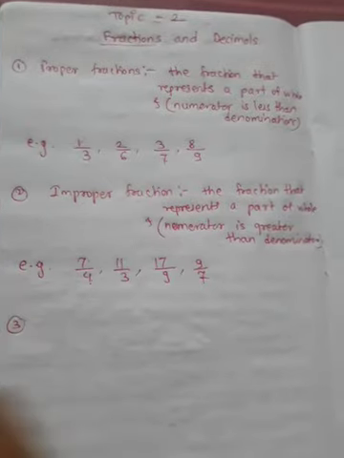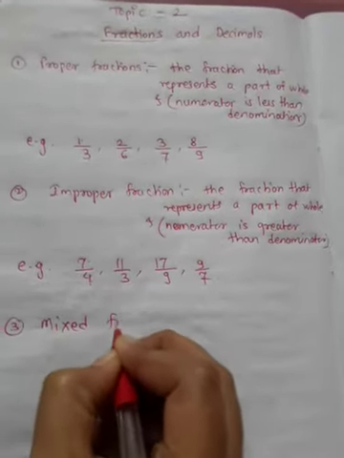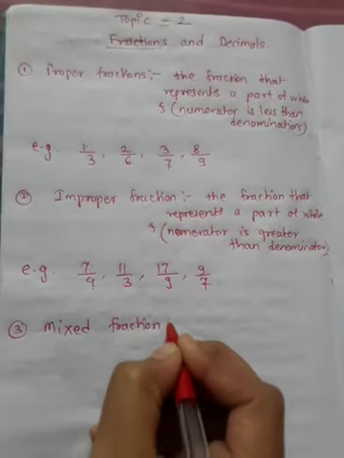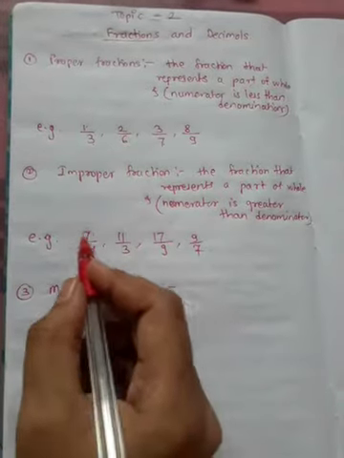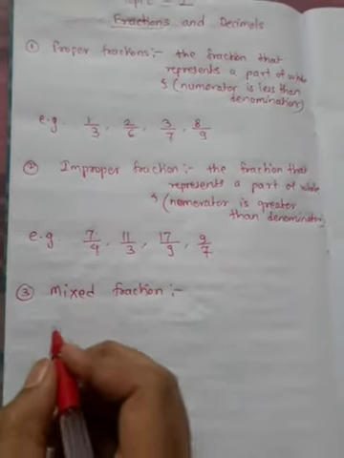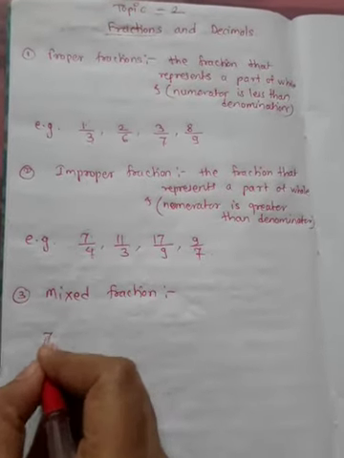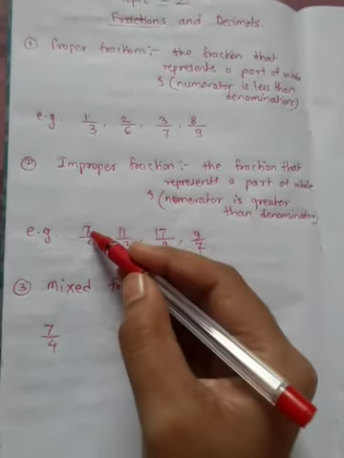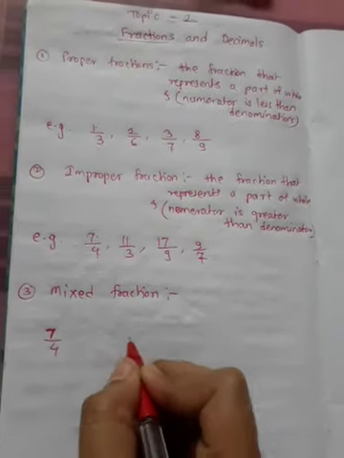After improper fraction you have learned mixed fraction. So what is mixed fraction? I will take an example from improper fractions and then explain. I take 7 by 4. We divide 7 by 4.